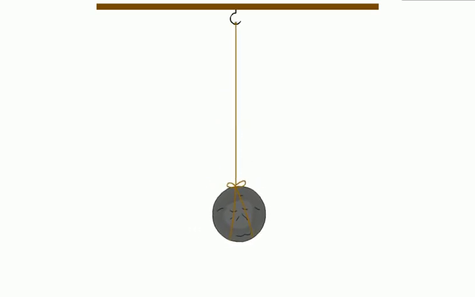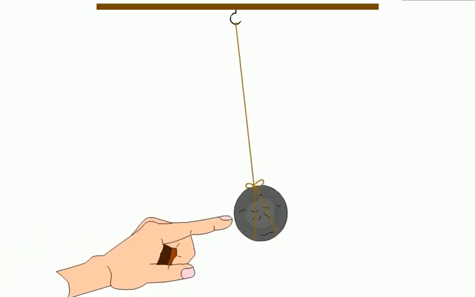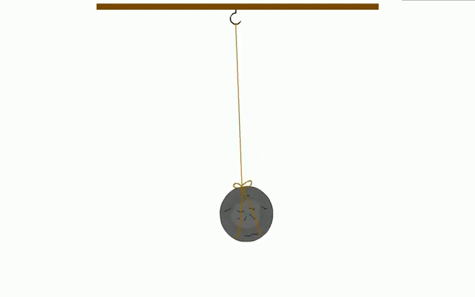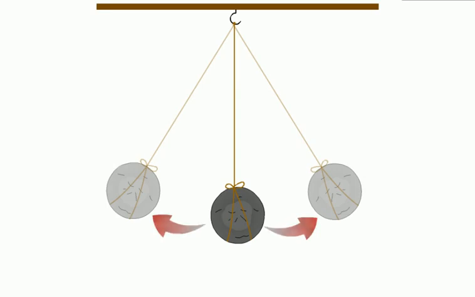When the hanging stone is perfectly at rest, give a gentle push. What will you see? You'll see that the stone moves equal distance forward and backward again and again. This is an example of oscillatory motion.